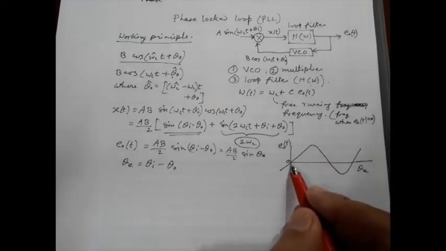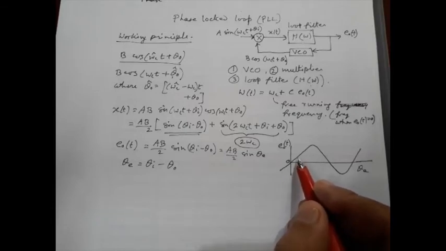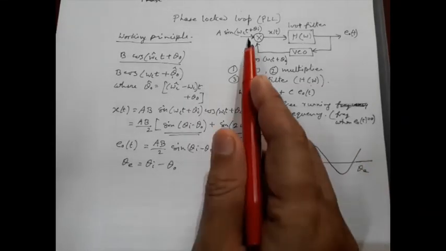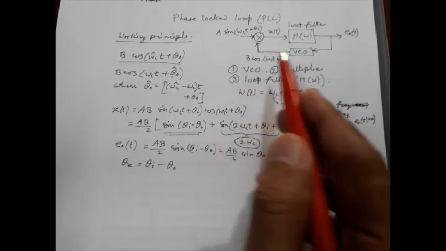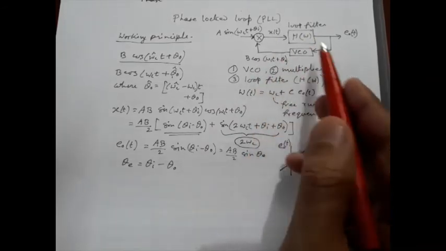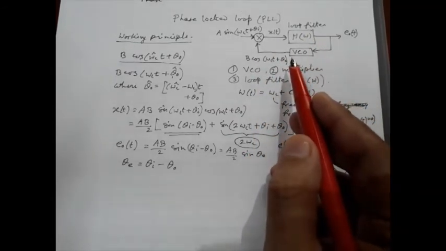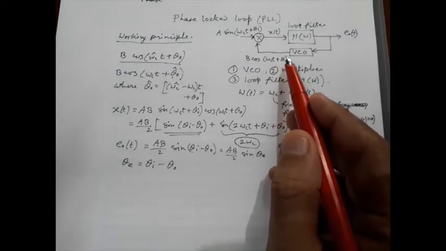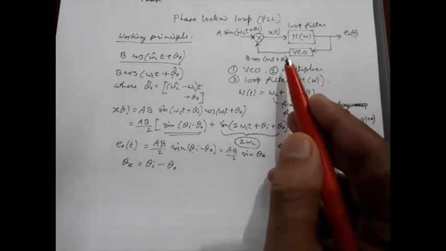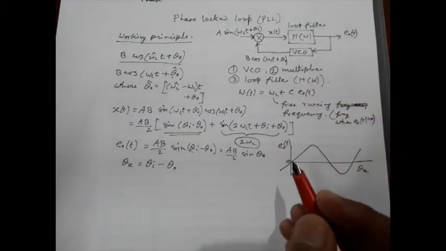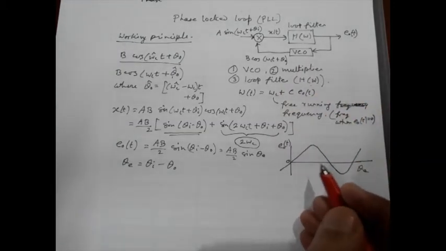To understand this, first we will consider what happens when the loop is locked, and then we'll try to understand if the signal frequency or phase changes a little bit, how this circuit or the feedback system makes necessary changes to make the system again locked. So first we will consider that the loop is locked.